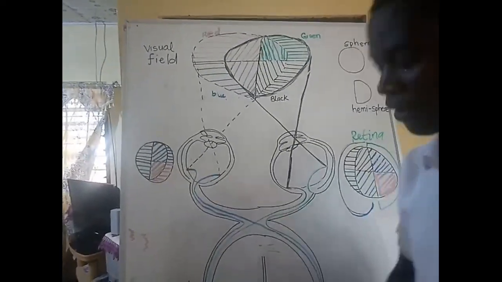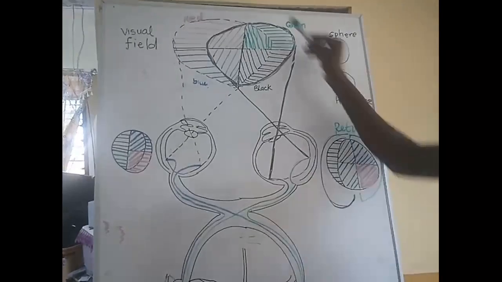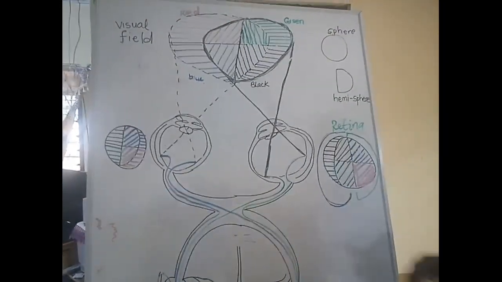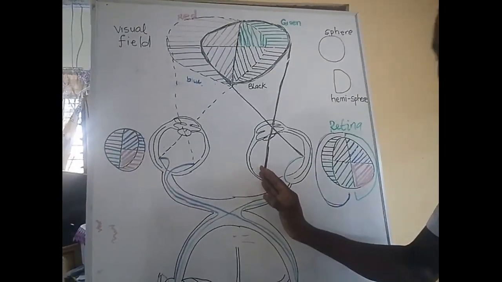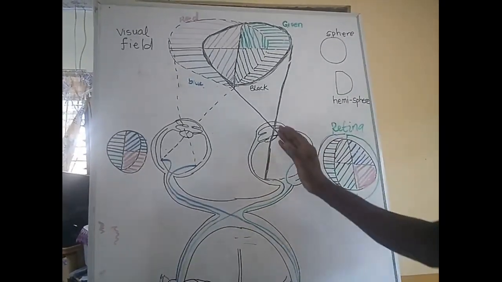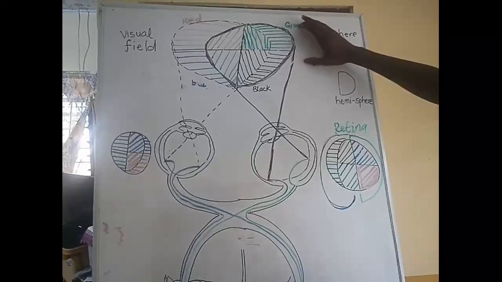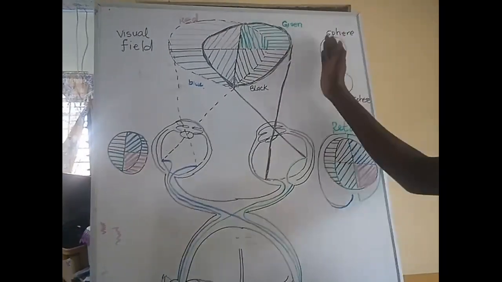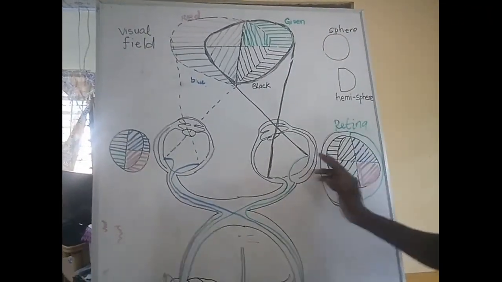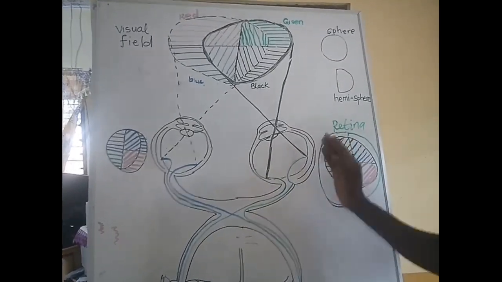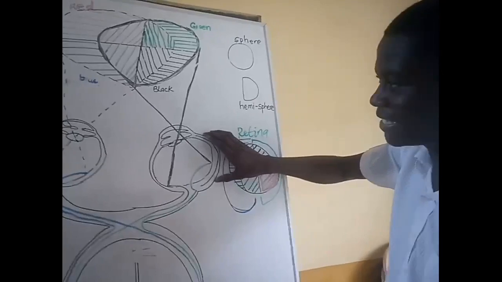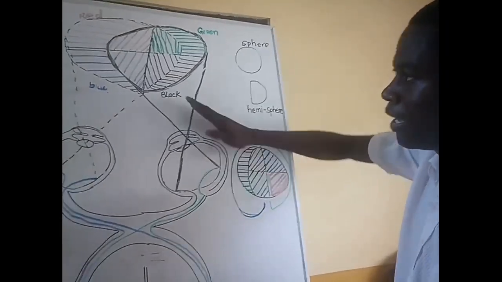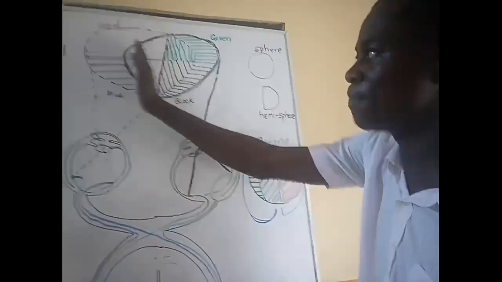Good. Now that we've looked at the visual field, the nasal side of the retina of the right eyeball is picking information from a temporal hemifield, or a hemifield that is towards the lateral part. And then the lateral part of the retina of the right eyeball is picking a hemifield that is more medial, or that is more nasal.